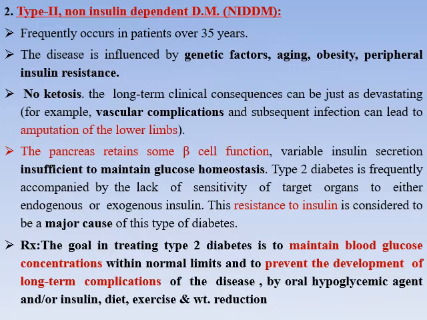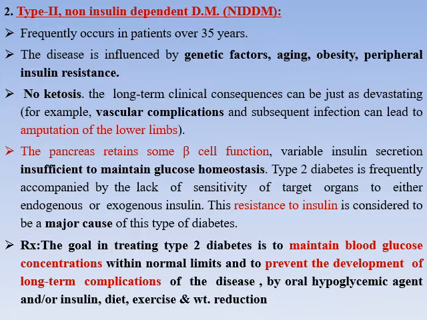We have insufficient release of insulin, which cannot maintain normal glucose homeostasis. And in this condition we have insulin resistance, which is the major cause of this type of diabetes.